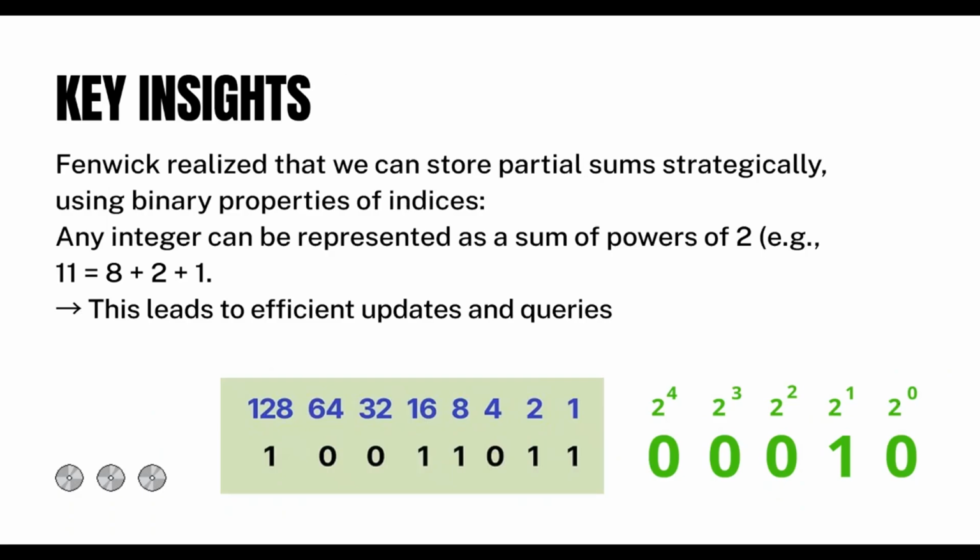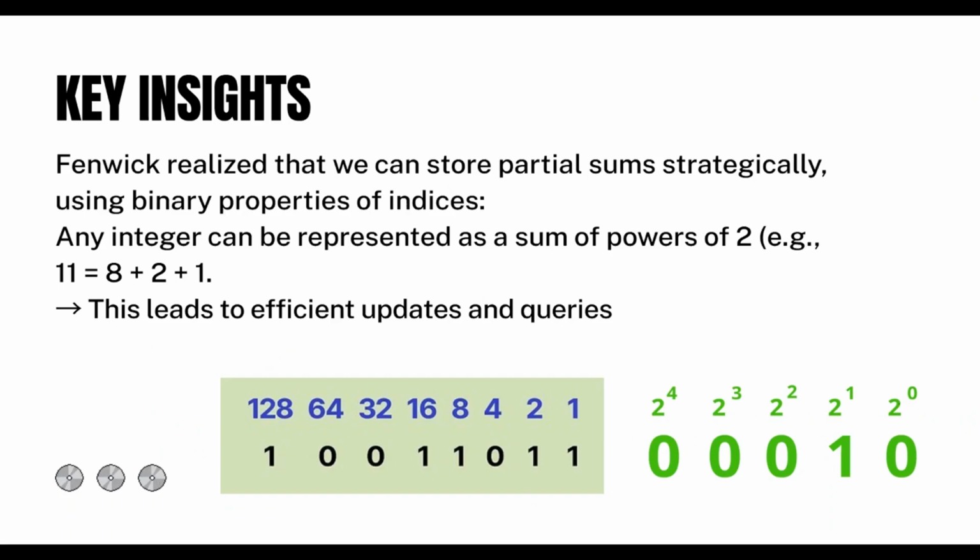The key insight of the Fenwick tree is that Fenwick realized that we can store partial sums strategically. It means that if you want to store the sum of element 1 to element n, you can store them as element 1 to element k and element k to element m.